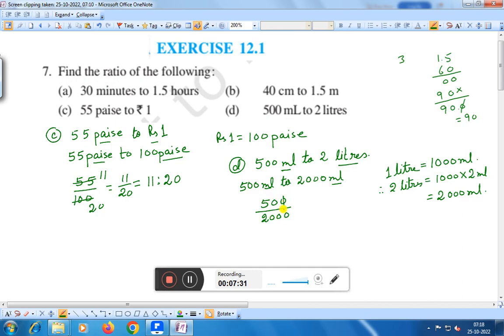Now, if we convert it into lowest terms, this 0 will cut and this 0 will also be cut. Right? Now, 5 1 is 5 and 5 4 is 20. That is 1 by 4. And you can write 1 by 4 as 1 is to 4. This is the solution of question number 7 of exercise 12.1.